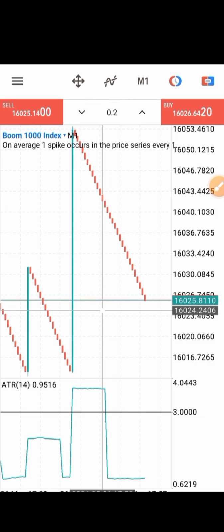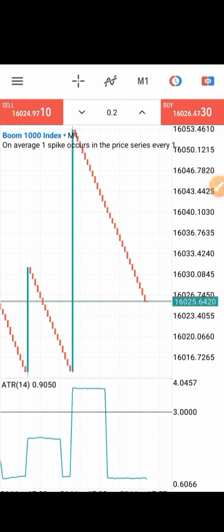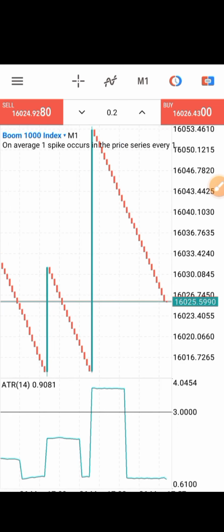So count your five candles and leave the trade. Close the trade. That is how this works. On Crash, we use 1.5. On Boom, we use 3.0. You understand?